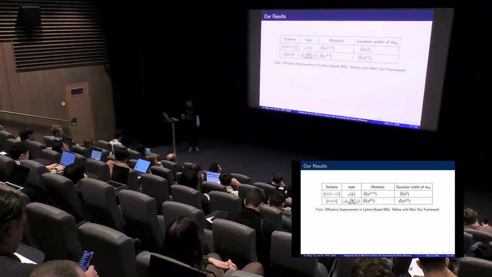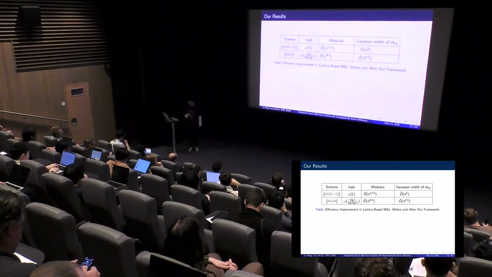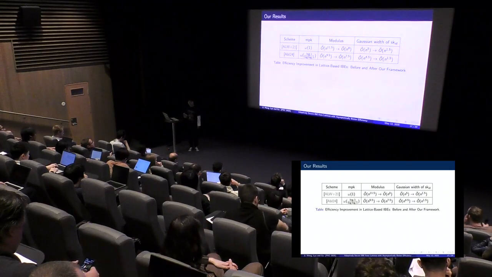And now I will apply our new IBE framework and show our improvement. The modulus and the Gaussian width of the secret key of some previous IBE constructions are shown in this table. And after applying our framework, these parameters will be significantly reduced.